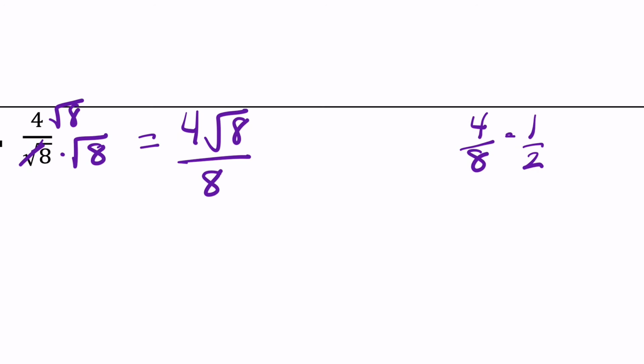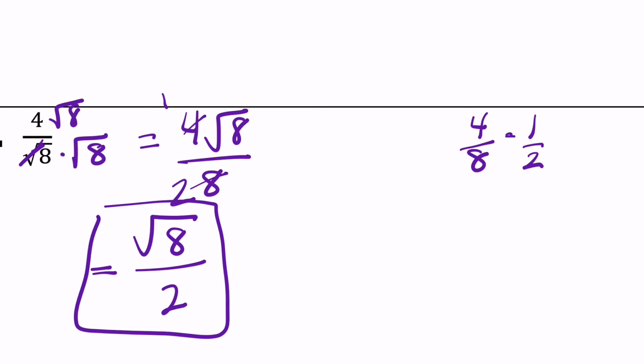So I can simplify this, change this to a 1 and this to a 2, leaving my final answer 1 square root of 8 over 2. To get from here to here, I rationalized my denominator. However, I wasn't fully simplified because of that 4 and 8. They can be reduced.